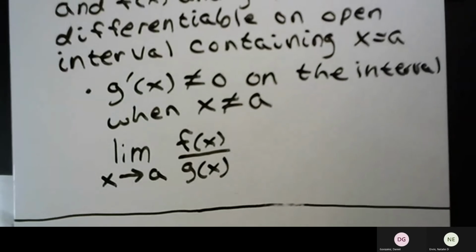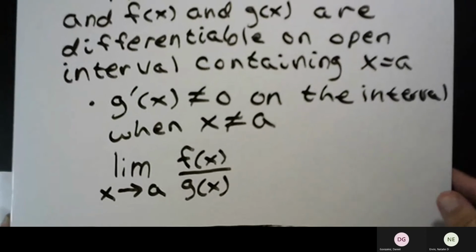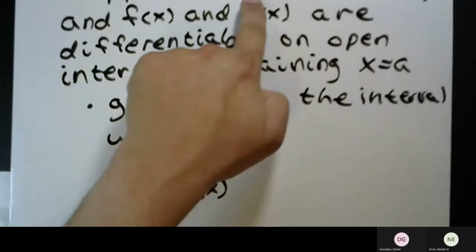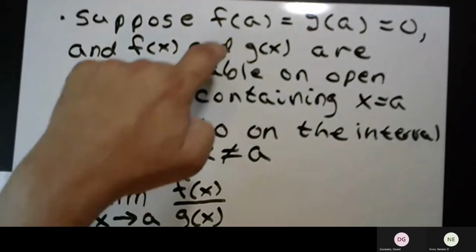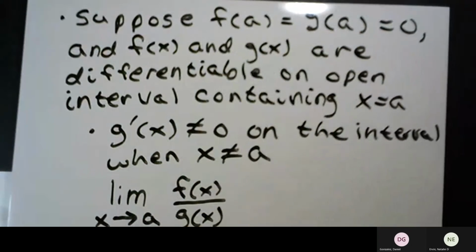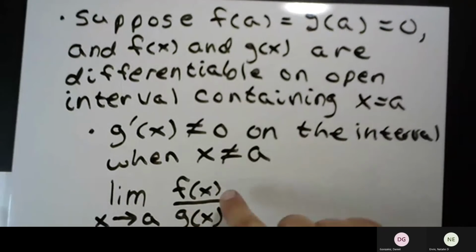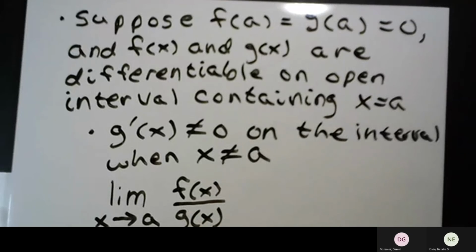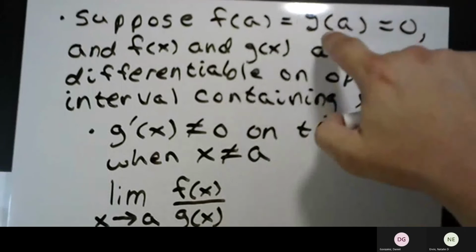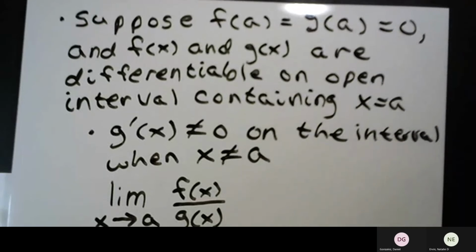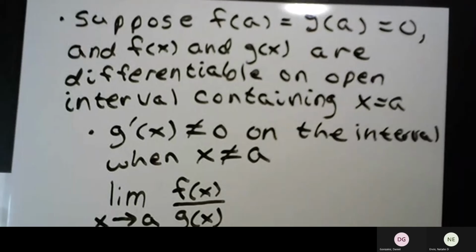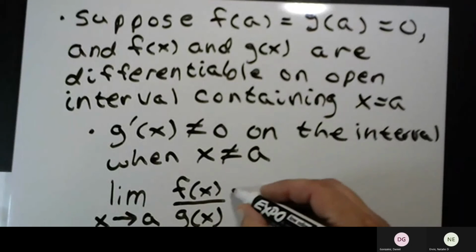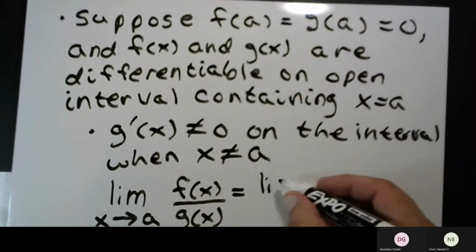And the problem with this, if we think back to this top condition, one of the techniques we use for limits is we just substitute this value a for x and then do the computation. But if f of a and g of a are 0, that technique's not going to work in this case. But there is a way we might be able to make it work.